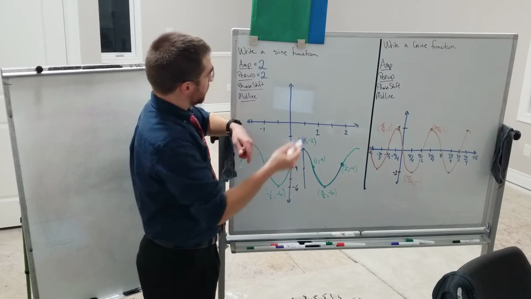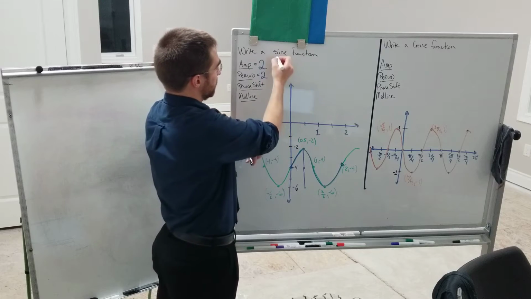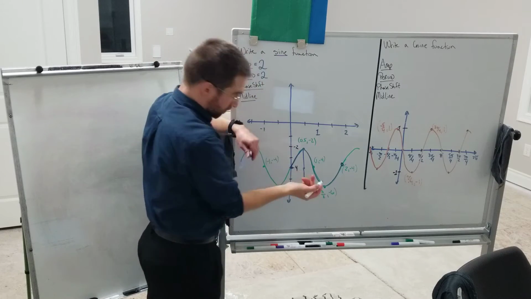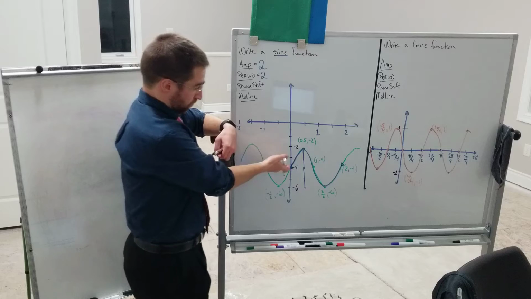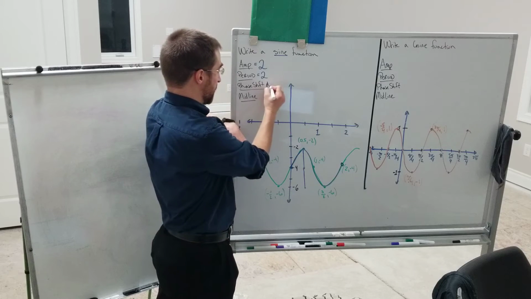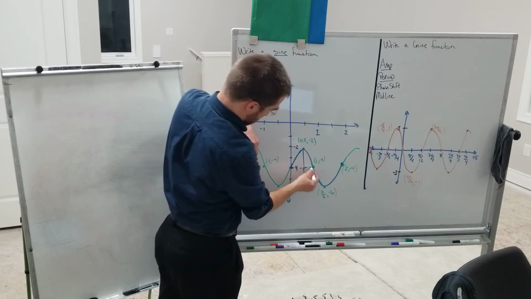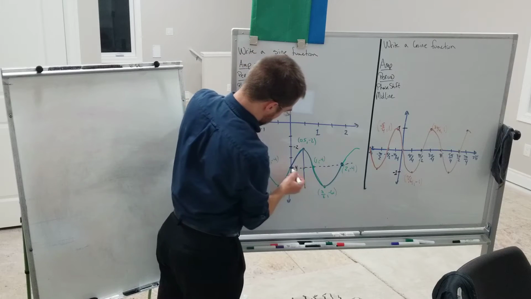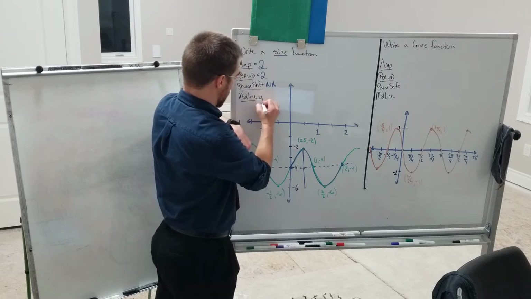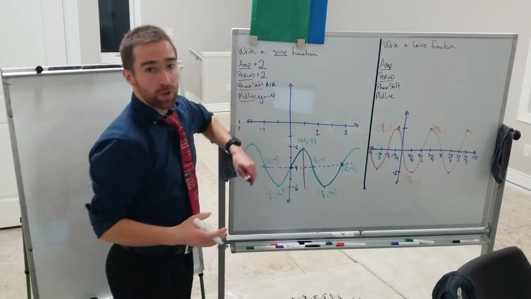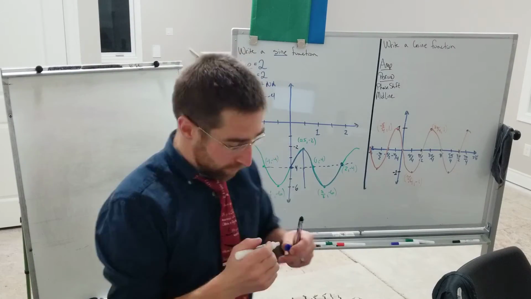Because we want a sine function here, there is no phase shift. We're starting at x equals 0. And the midline here is y equals -4, which means we are shifted down 4.